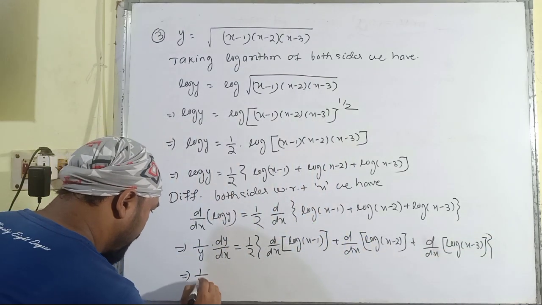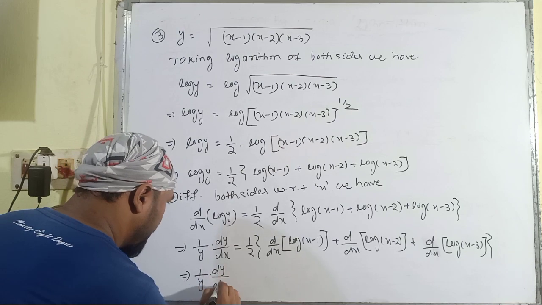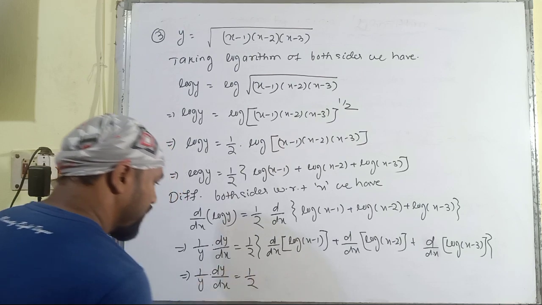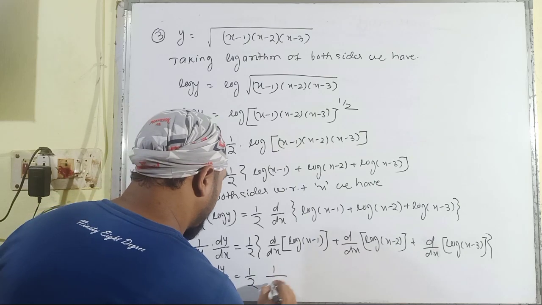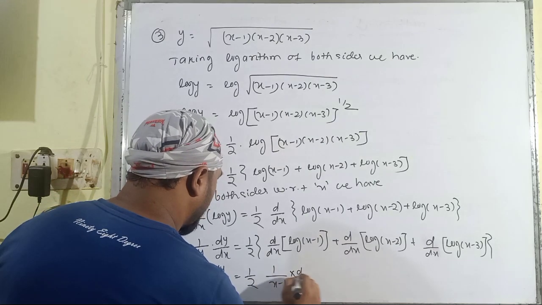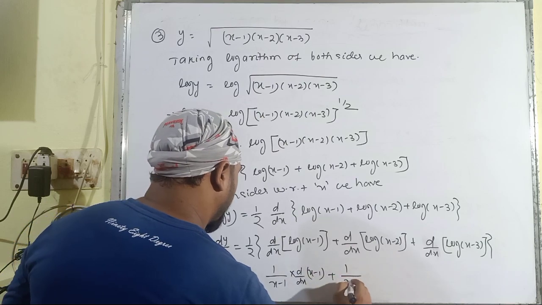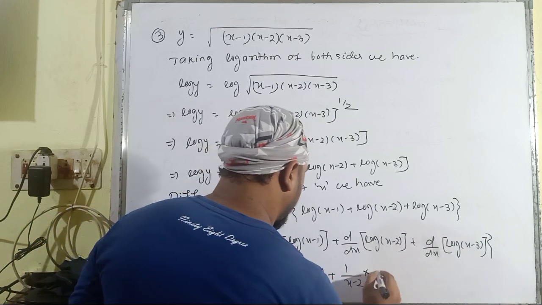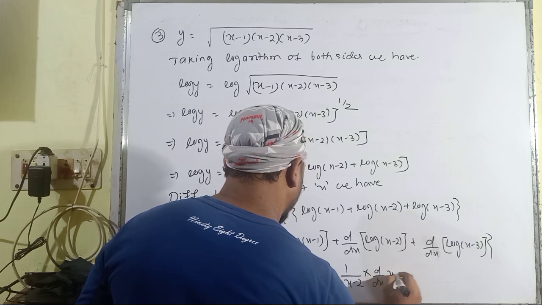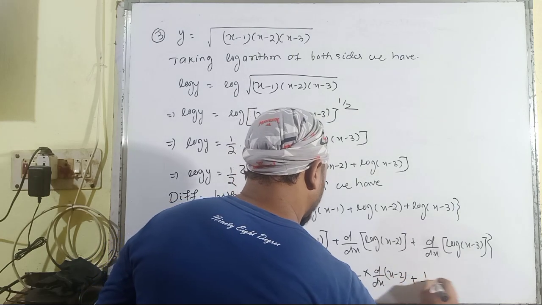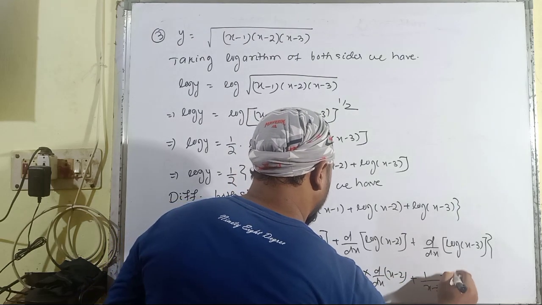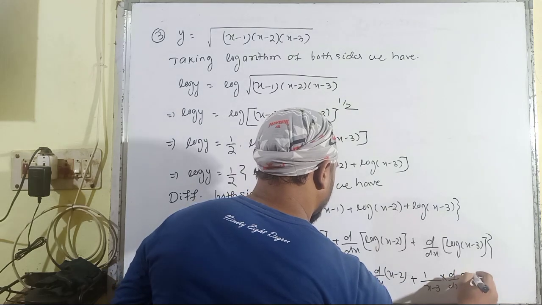Then it is (1/y) dy/dx. It is half multiplied with 1/(x-1) multiplied with the differentiation of (x-1), plus 1/(x-2) multiplied with the differentiation of (x-2), plus 1/(x-3) multiplied with the differentiation of (x-3).